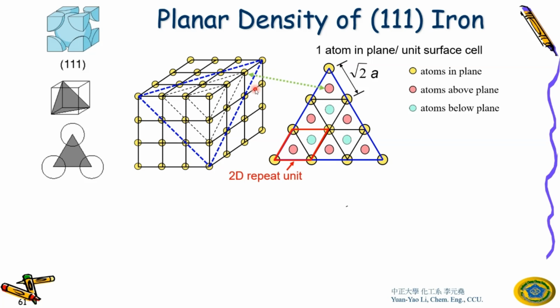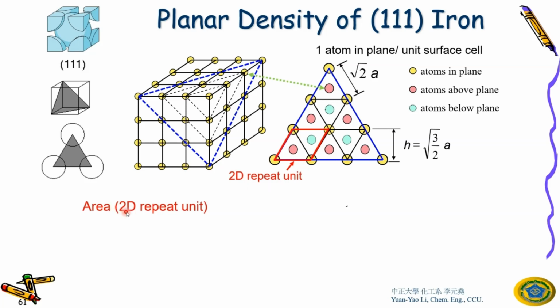Okay? Remember this? And of course, this is the height H, you know that it's root 3 over 2 a. This is easy. So the most difficult part is this repeat unit, so try to remember this.